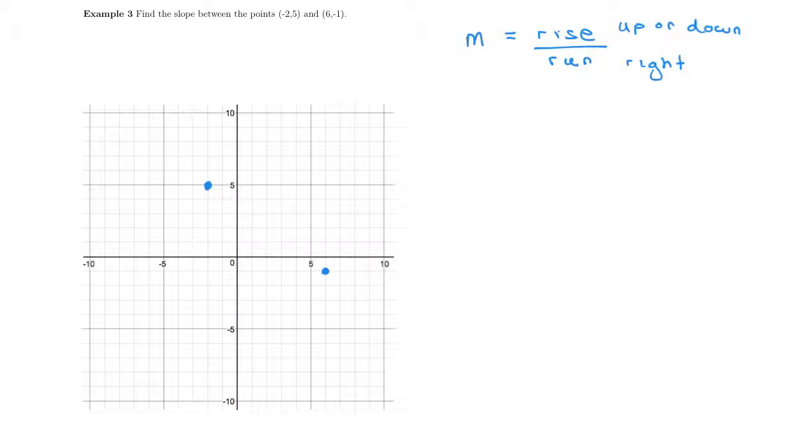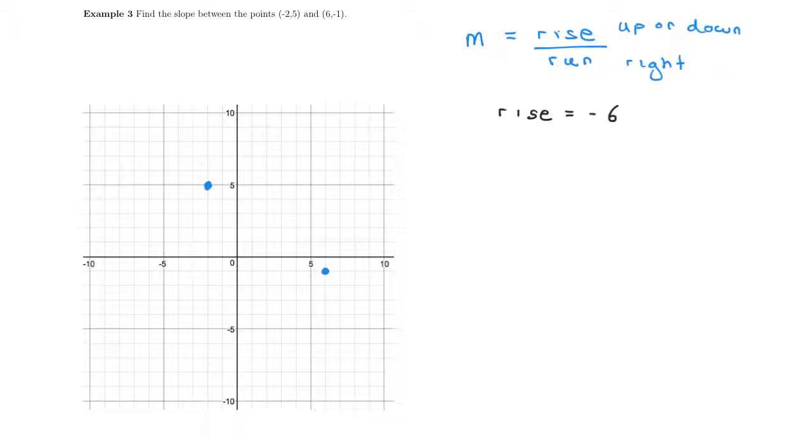So if we go back to, let's say, the point negative 2, 5, I know we have to travel down, and if we do, we go 1, 2, 3, 4, 5. You actually have to go down 6 places. So I'm going to write down that the rise is equal to, it's weird to call it rise, but we'll call it negative 6.